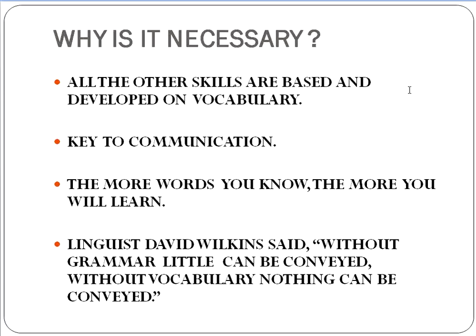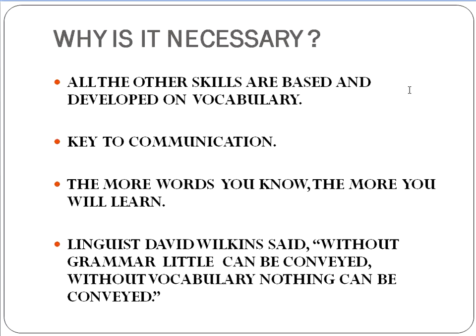What is the third point? The third point is the more words you know, the more you will learn. If you know more words, then it is an advantage for you to gain knowledge, specifically English words. As we understand, English is an international language. It is a global language.